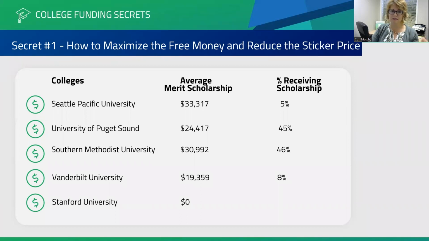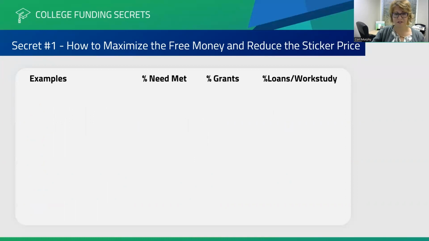These two schools, they're giving it to 40–45% of students, so we can drift a little bit over and probably still get these average numbers. But if we drift over to the left and we're in the exceptionally gifted compared to everyone else at that school, maybe we're getting above average awards. So it's all going to be relative to where we're at on that grid and how the colleges are operating.